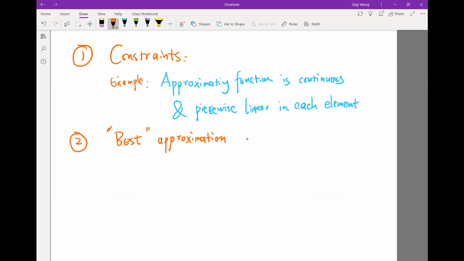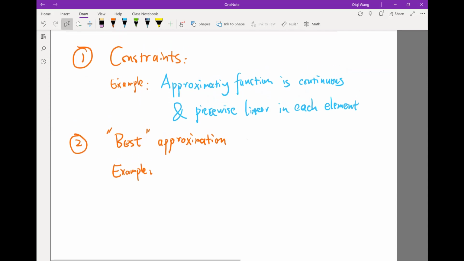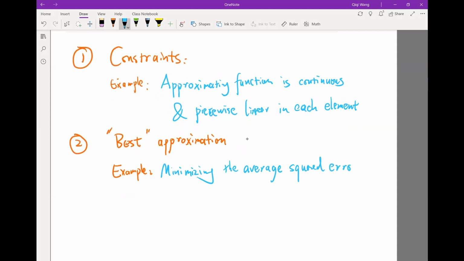Well, here in this example, we are minimizing the average squared error.